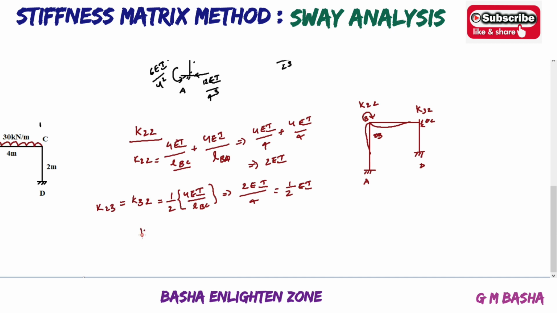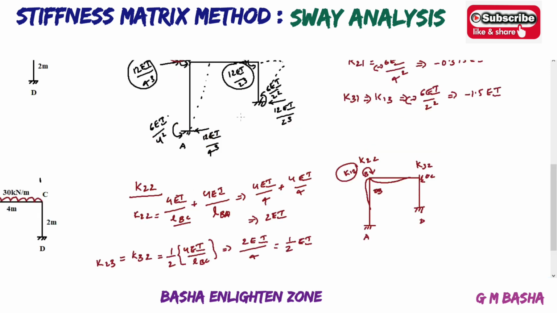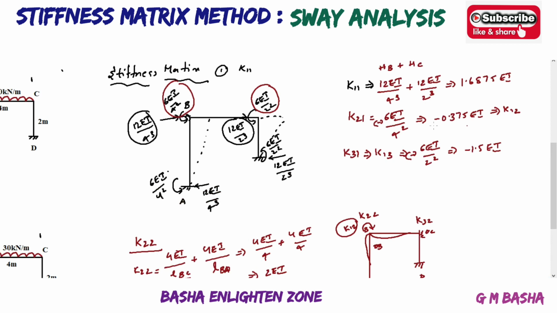And again, you will get K12 here also. So K12 will be obtained here itself based on this way. So that is difficult to find here. Therefore, whatever the value obtained here in the K21, the same value obtained for K12. If you take down this one also, you will get directly like this only. But while solving sway problems, it is difficult to find K12 because each and every time whatever the moment applied here, it will be distributed exactly half to the other end.